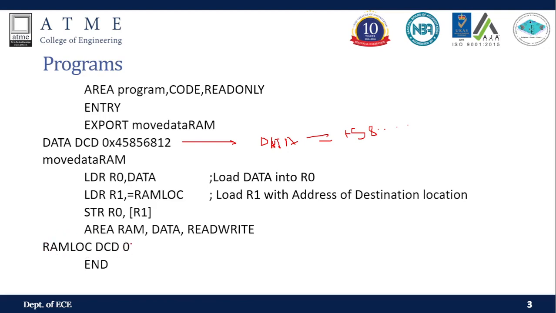So this memory location is initialized to 0, and when we add this equal to operator, it is basically saying that you have to load the address of the location which I am calling here as RAM block. Remember this, when I put the equal to operator here, it simply means it is going to return the address.